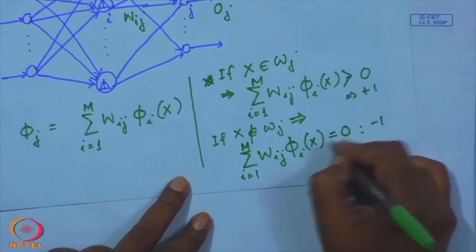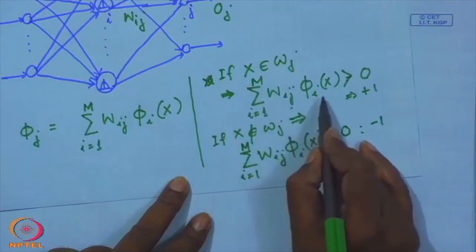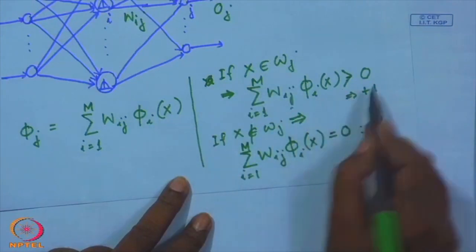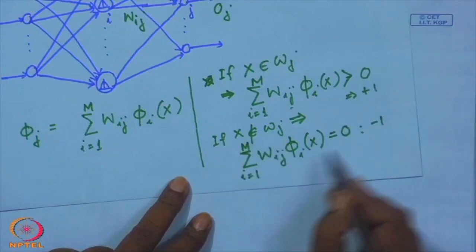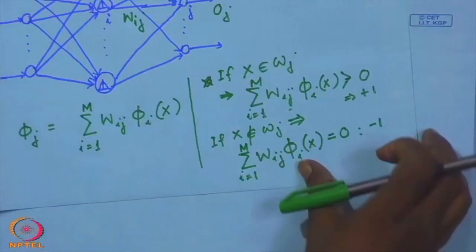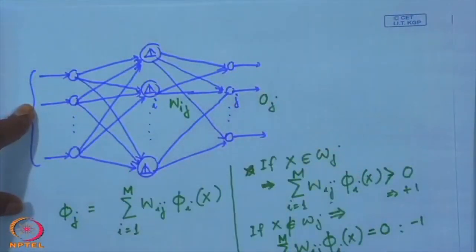So, let us assume that if x belongs to class omega j, W i j times phi i x has to be equal to plus 1, and if x does not belong to omega j, this has to be 0, and that is what has to be the output from the jth node in the output layer.